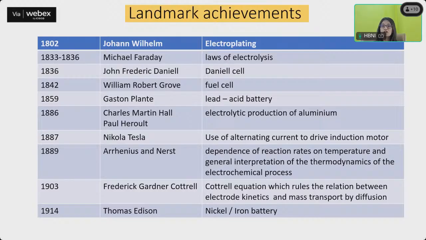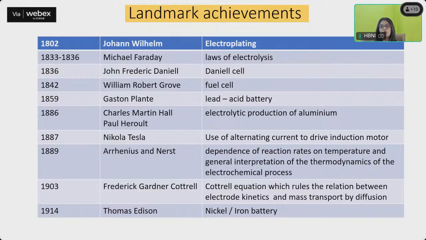Then the electrolytic production of aluminium, a very important thing at that point of time, in 1886, by Charles Martin Hall and Paul Heroult. After that came the use of alternating current to drive induction motors, by Nikola Tesla in 1887. Then the dependence of reaction rates on temperature and the general interpretation of the thermodynamics of electrochemical processes, brought in by Arrhenius and Nernst, the famous Nernst equation, 1889.